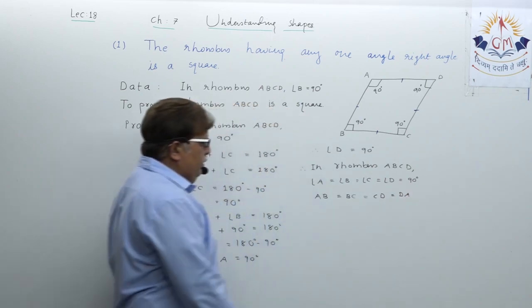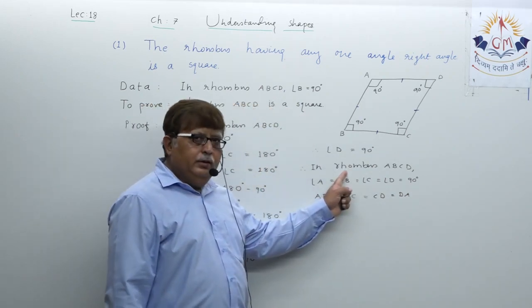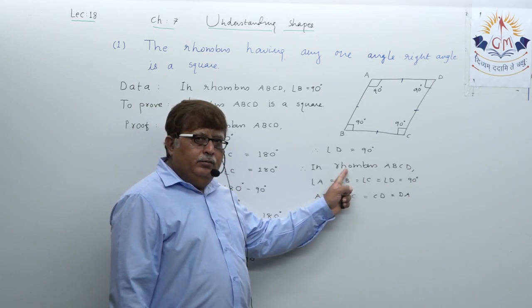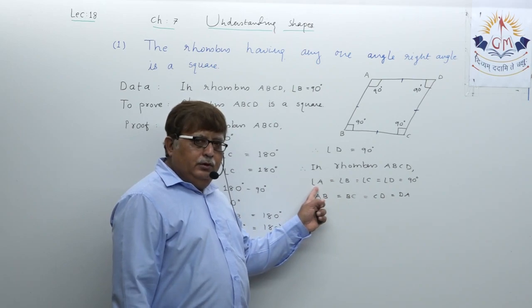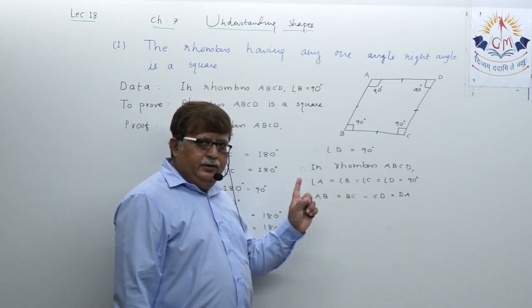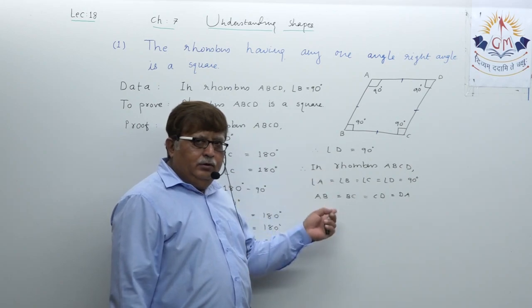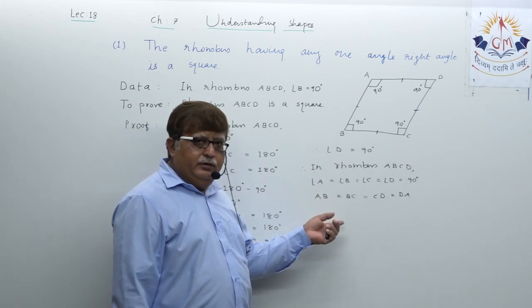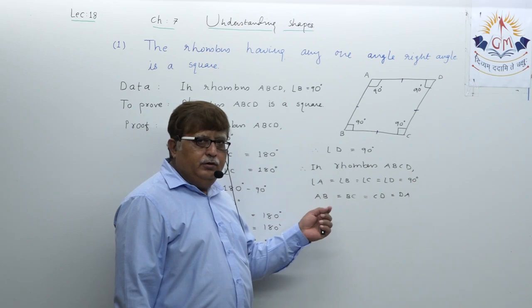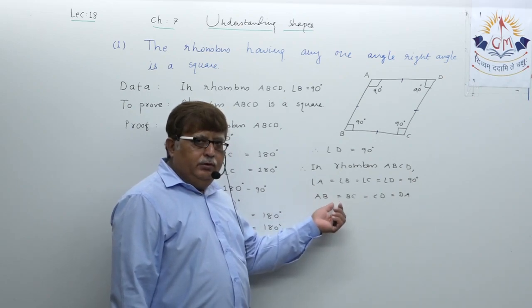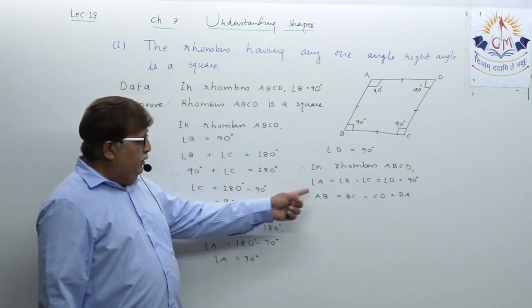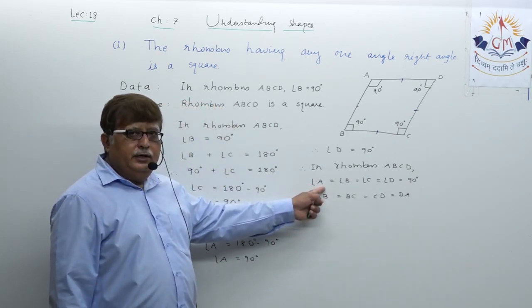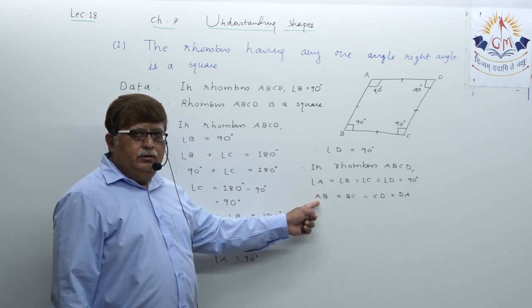Now you understood, dear student? In rhombus ABCD, you proved all angles right angle and all sides are equal. That's the characteristic property of rhombus. Means now two facts are in front of you. One, all angles are right angle, all sides are congruent.